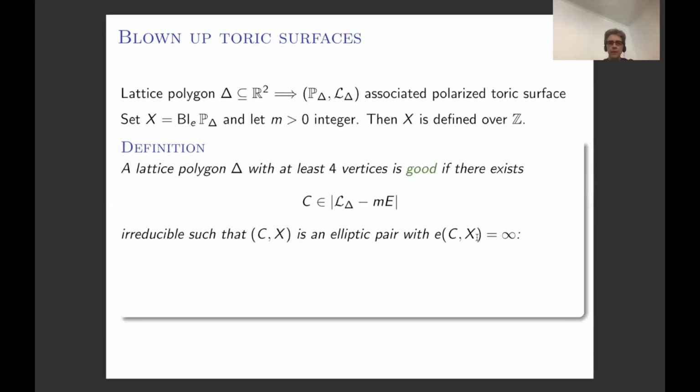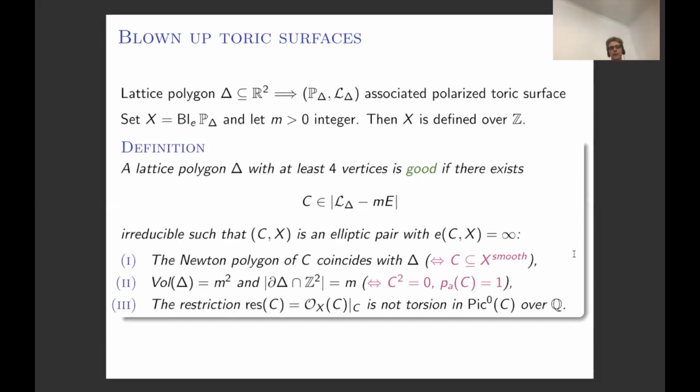I want the at least 4 vertices because we want the Picard number to be at least 3. And then the condition becomes very explicit of having an elliptic pair.